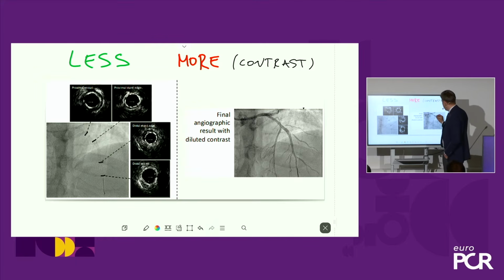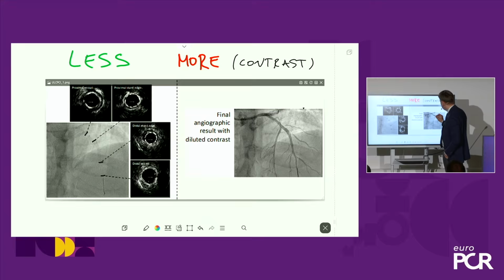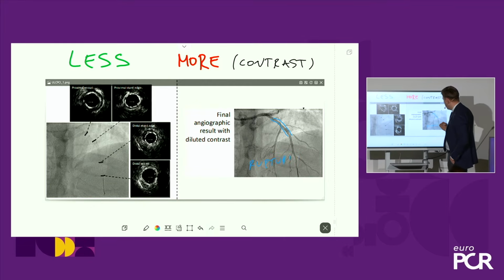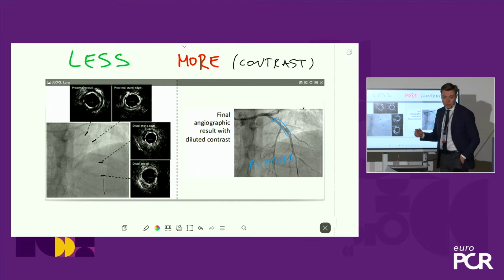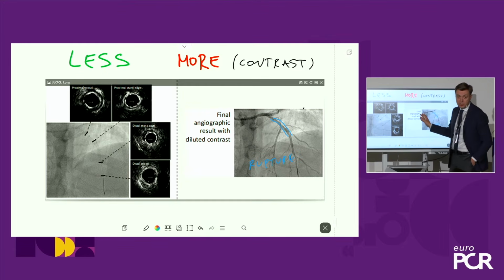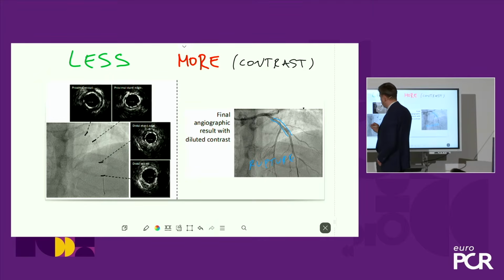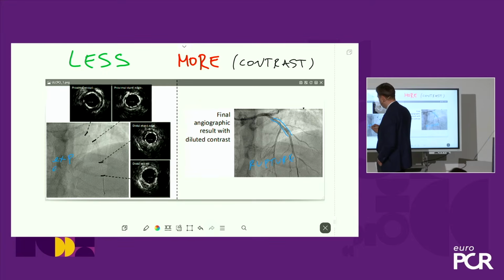So if we analyze that there is a stent here, in my opinion, what you can definitely see on angio is whether there is a rupture. That's important information, of course. So checking whether there is a rupture, we do need angio for that. However, are we going to see on angio expansion, apposition, distortion?